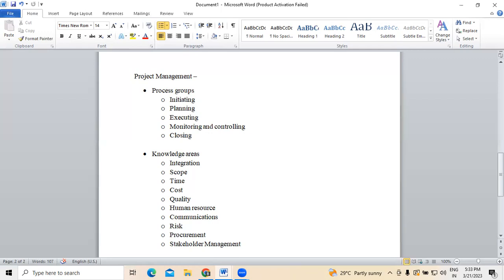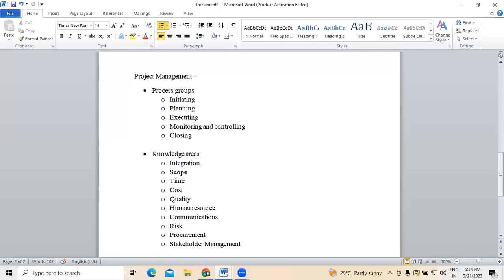Along with that, creating an activity list, estimating the resource requirements which are essentially important to develop the project, developing schedules and budgets, defining the roles and responsibilities of the people working on it, and creating change management plans. All these things come under the planning phase.